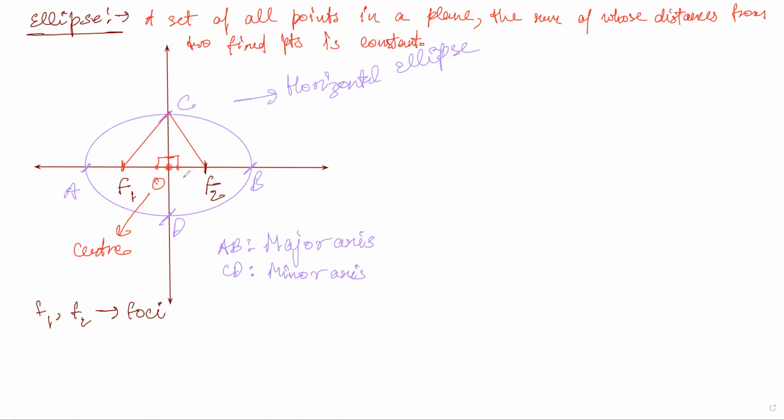OF1 square and OF2 square are equal, and hence CF2 square is equal to CF1 square, which only means that CF1 is equal to CF2. Right?